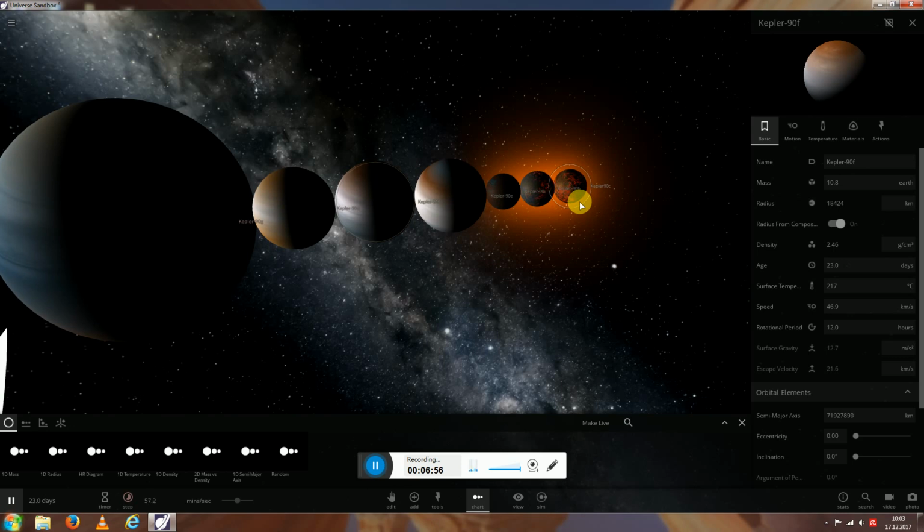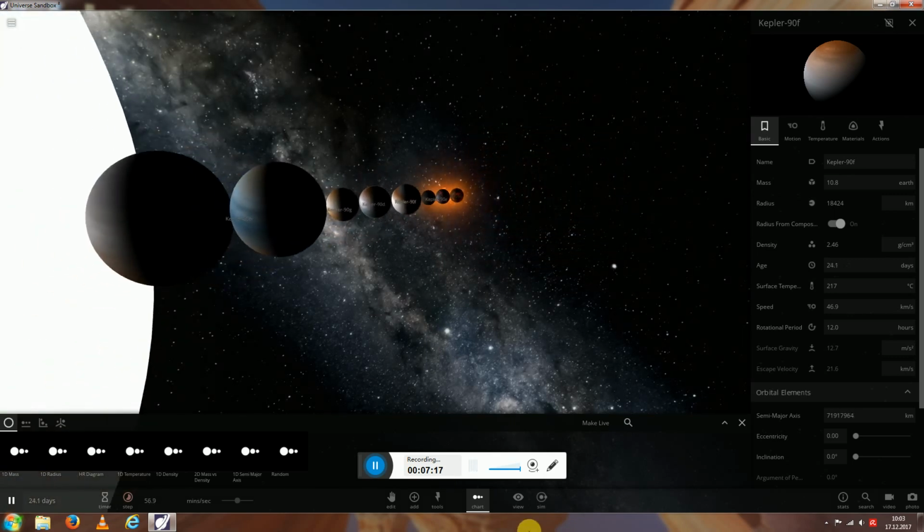The 3 inner rocky planets are slightly larger than Earth at 1.31, 1.18 and 1.32 times the size of the Earth, as in radius.